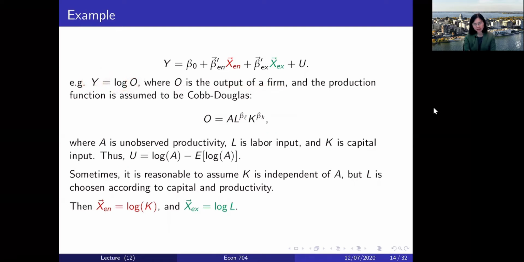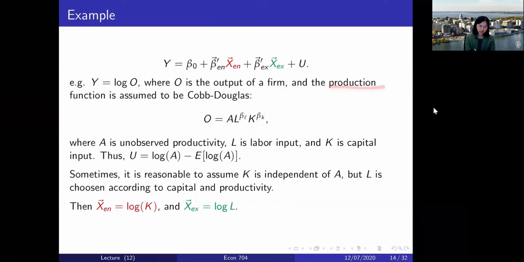Suppose we're studying the production function of the firm, and we assume that the production function is Cobb-Douglas in the labor input and capital input and productivity, which means that the output equals productivity times L to the power beta L times K to the power beta K, where beta L is the labor elasticity and beta K is the capital elasticity.